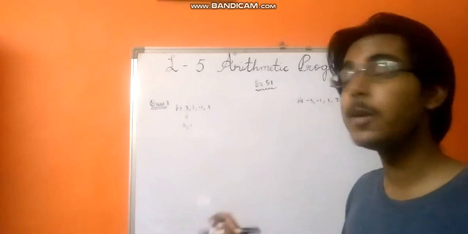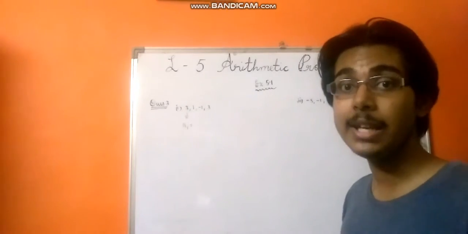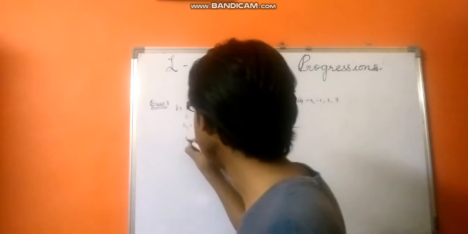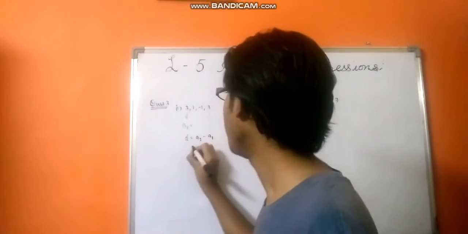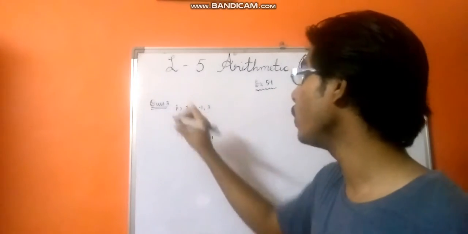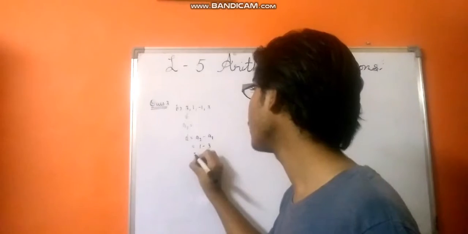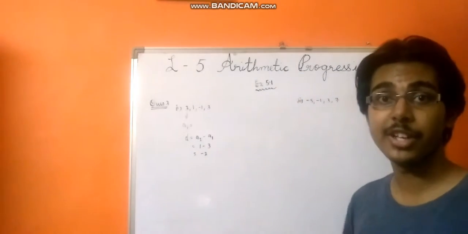But generally we take the second term and subtract the first term from it to get the common difference. So the common difference is denoted by D, which is equal to A2 minus A1. A2 is 1 minus A1, which is 3, which is equal to minus 2. So minus 2 is your common difference in this particular question.